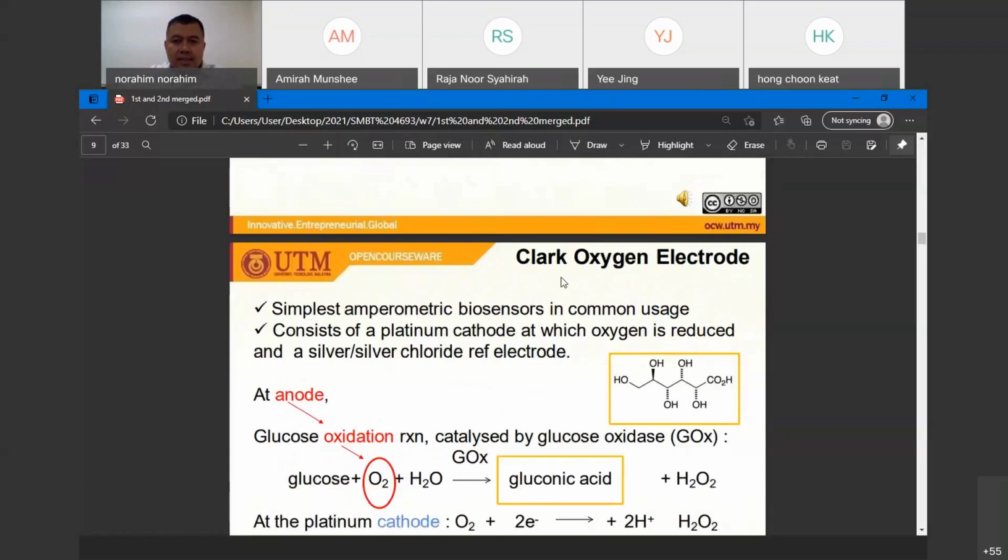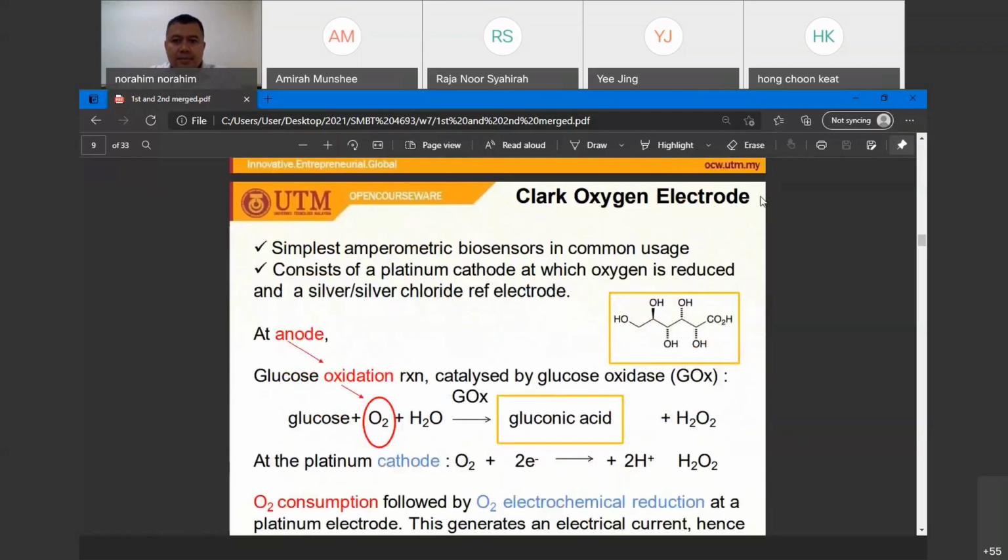Okay. Now we look at the Clark oxygen electrode. This is a very popular electrode which was invented many years ago. This was the beginning.